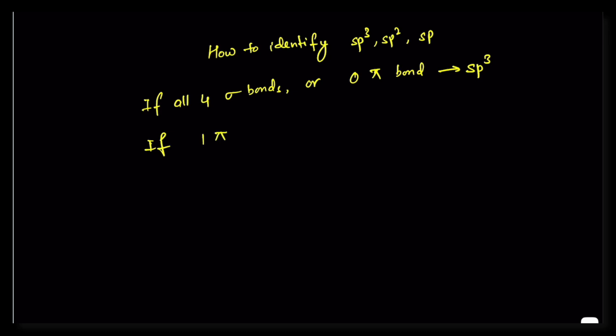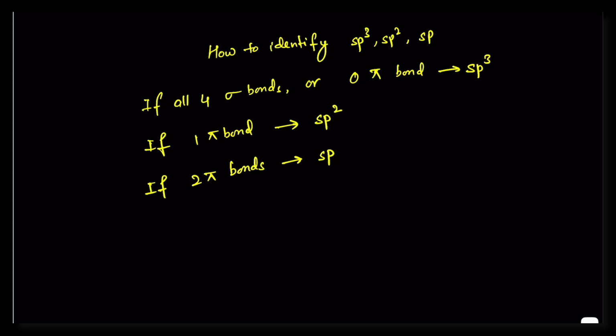If 1 pi bond is present, then the hybridization is sp2, and if 2 pi bonds are present on a carbon, then the hybridization will be sp. This is the rule that we will use to figure out the hybridization of each of the carbon atoms.